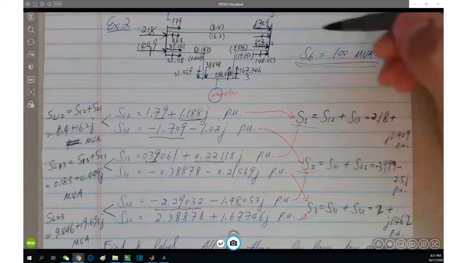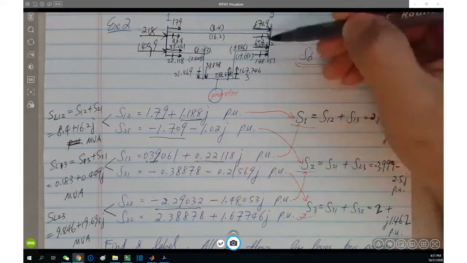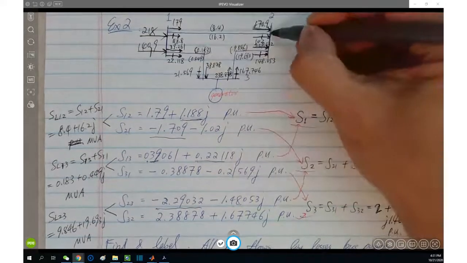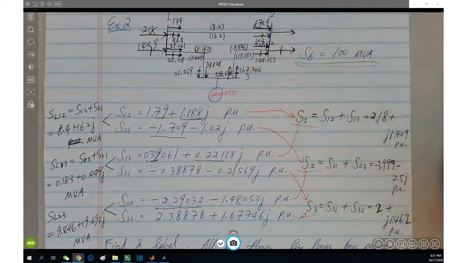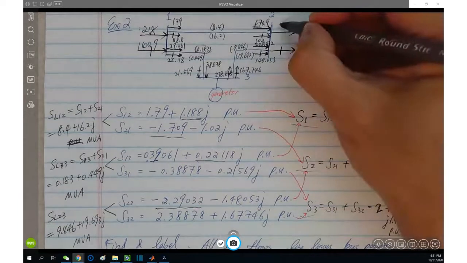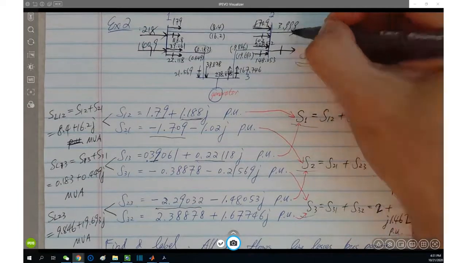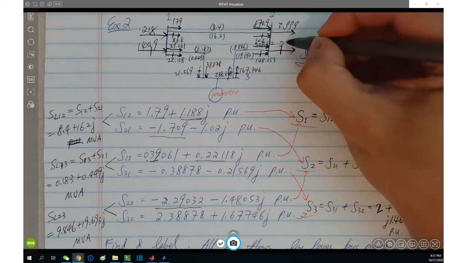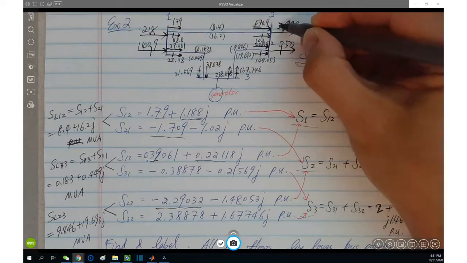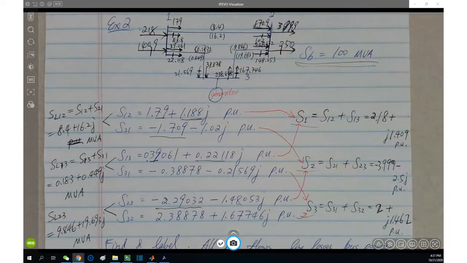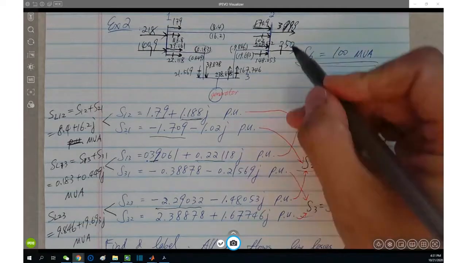S2, the left-hand side of S2 is all towards the right, so it's the right-hand side of bus 2. It's actually 3.999 as active, 250. Okay, this is not 3.99. We need to times 100, so 399.9. Reactive power is 250.